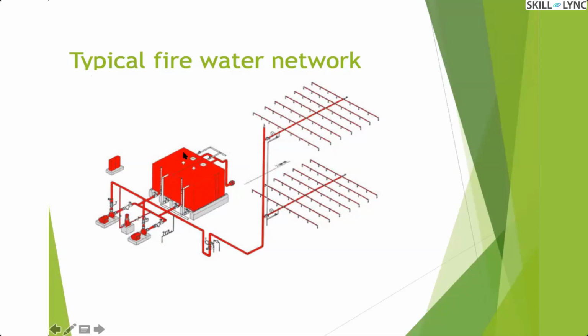This is the tank which is going to store your Firewater, and you have suction lines, and then each pump has got an individual section, and then the discharge here. This is the discharge header. Here is the deluge valve, what they call. Whenever there is fire, this valve opens, and when there is a decrease in pressure here, the pump automatically starts and it starts feeding your Firewater network.